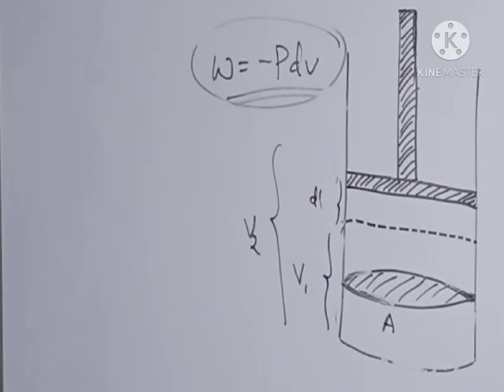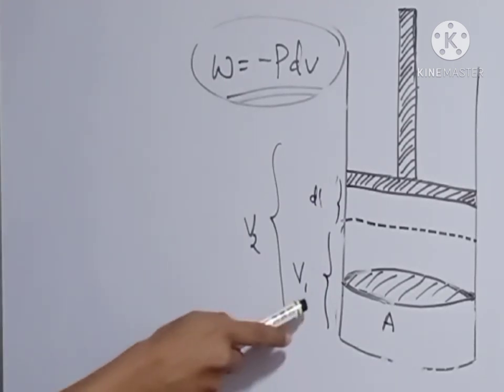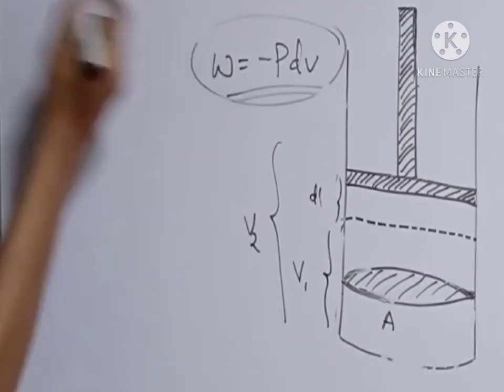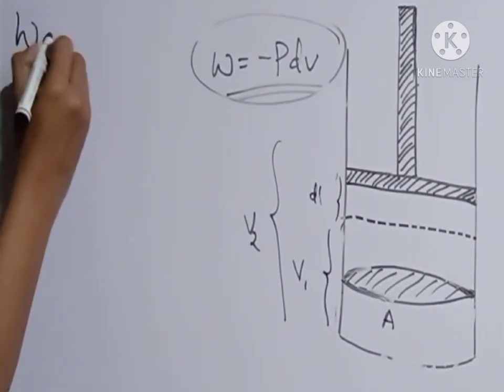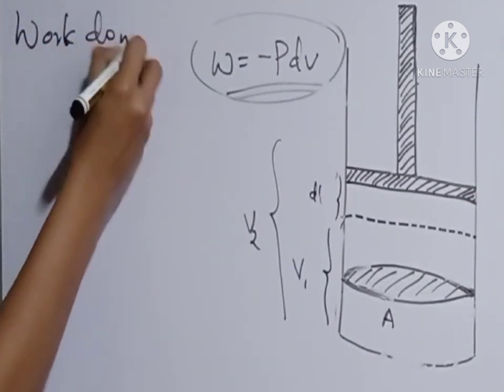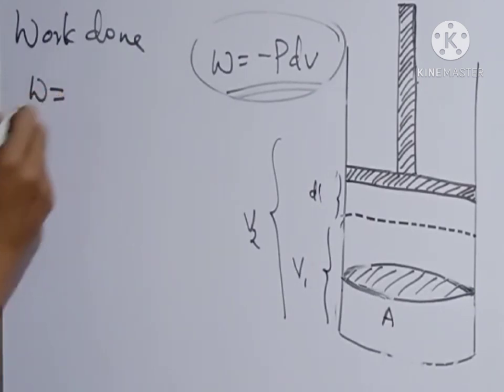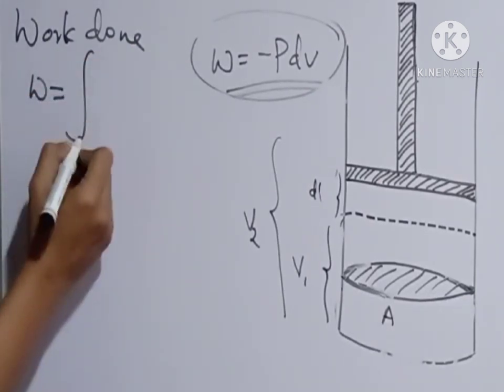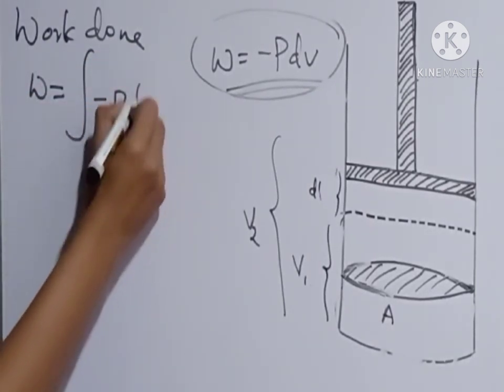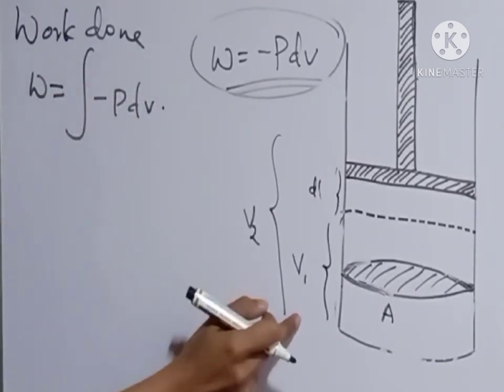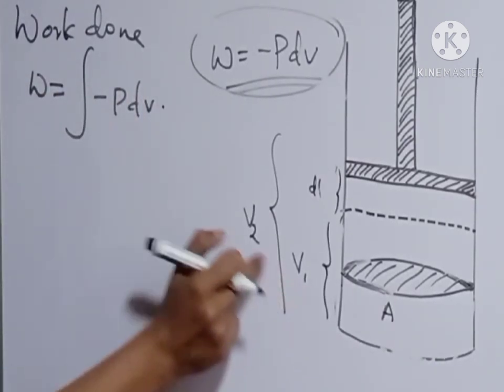When we find the finite volume change from V1 to V2, we can write the work done W equals integral of minus P dV, from V1 to V2.